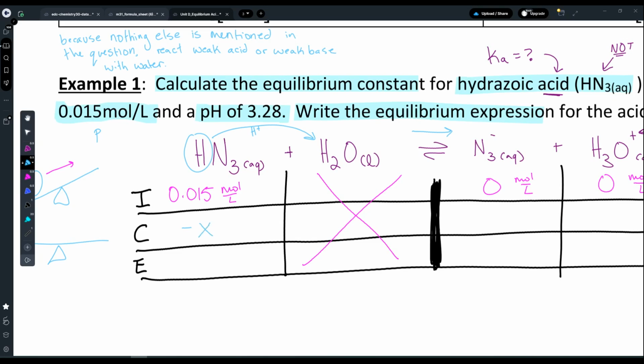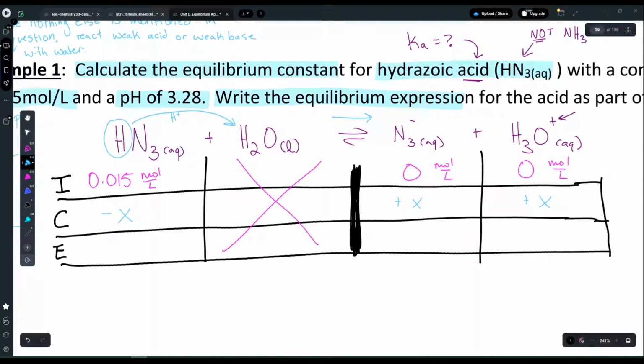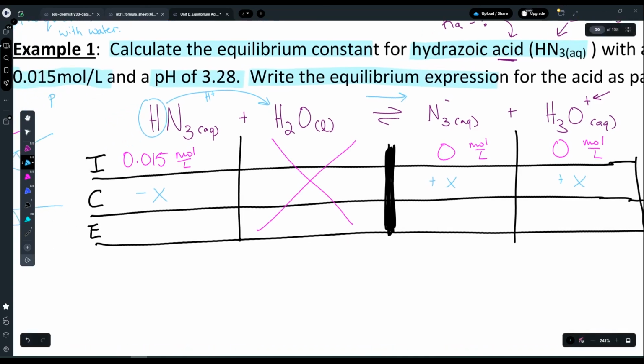Okay, so in my balanced chemical equation, there's a 1 coefficient here, so that's why it's just minus 1x here. Now we're producing products here, so I'm going to go plus x, and both of our products only have a 1 coefficient in front of them, so that's why I'm only adding 1x to both the N3 as well as the hydronium ion.